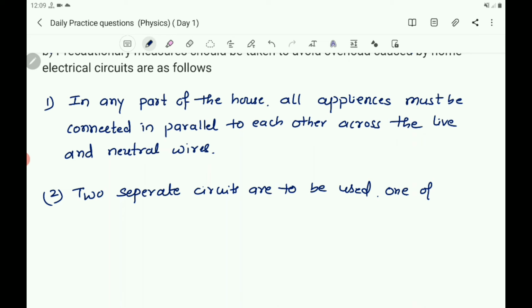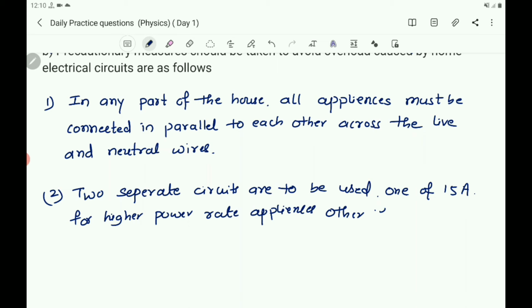One of 15 amps for higher power rating appliances, and the other of 5 amps for low power rating appliances.